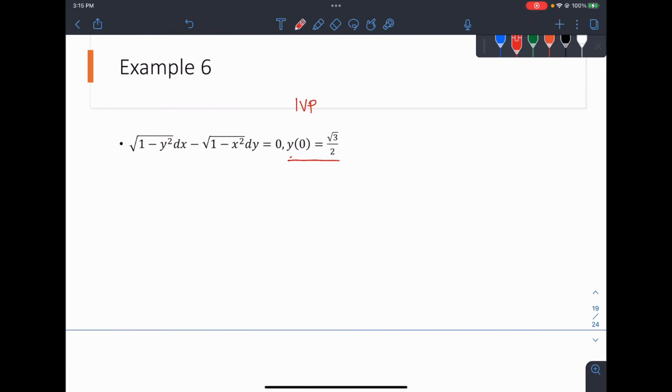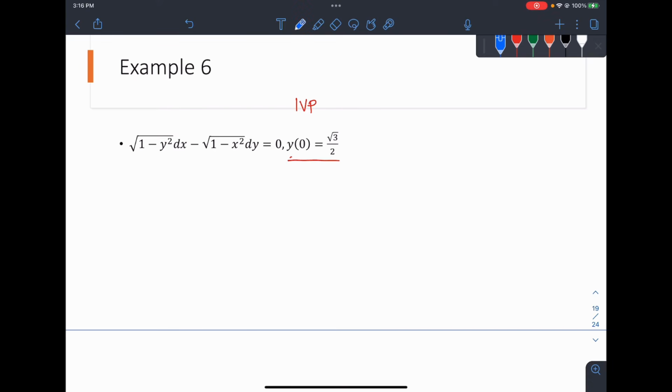So whenever we are given an initial condition, the problem is asking for a specific solution, or a particular solution, rather than a general solution. A general solution involves the arbitrary constant c. But for an IVP, or initial value problem, we get the value of c, and then we substitute it to get a particular solution.